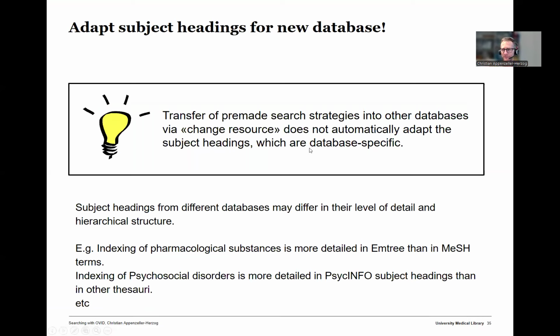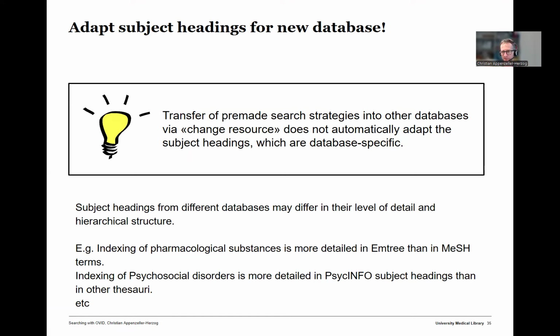Now, but there is a complication in changing database. And I have added this here to the PowerPoint. So the transfer of pre-made search strategies into other databases via change resources. This is what I've just done now, okay? But this does not automatically adapt the subject headings.